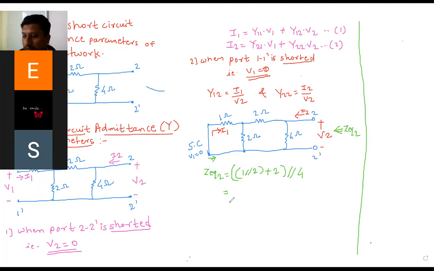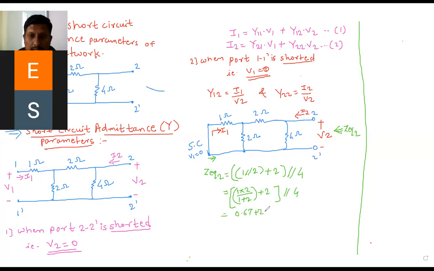How much does it come? 0.67? Yes, 1 into 2 divided by 1 plus 2, that is in series with 2. So 0.67 plus 2, as it is parallel with 4.